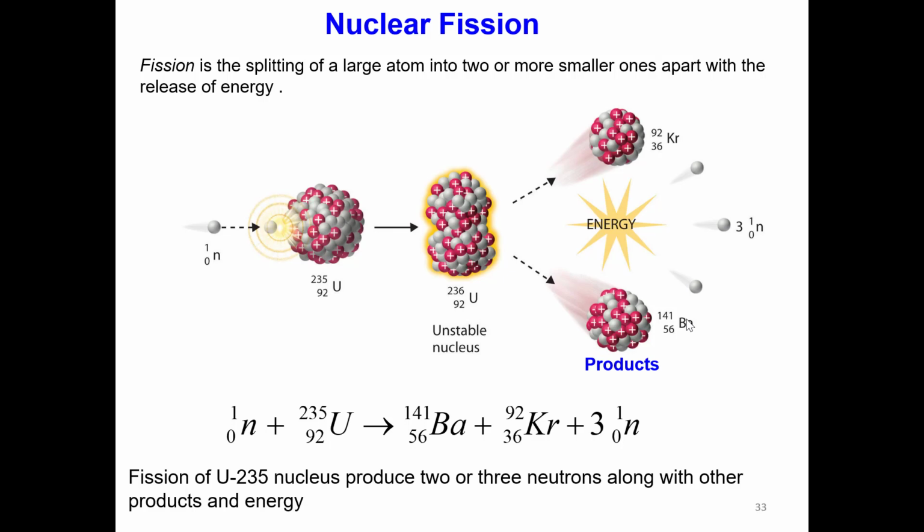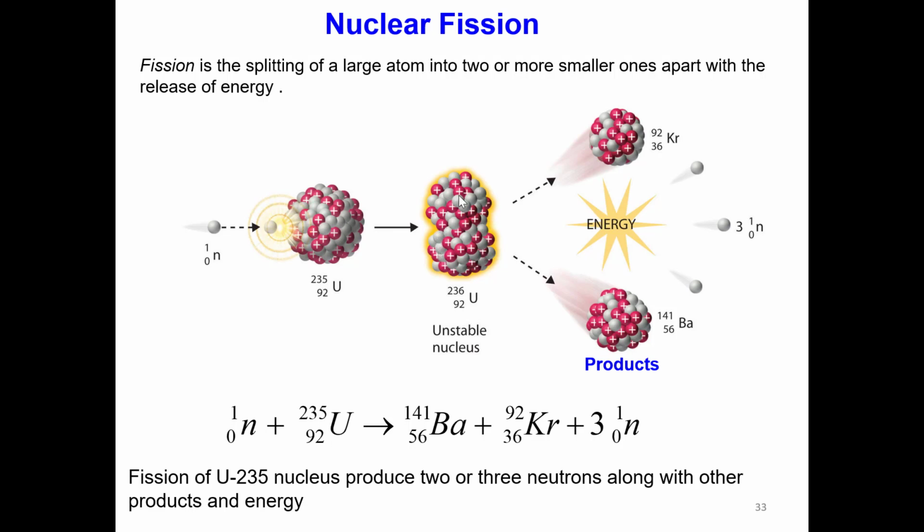Let's now talk a little more about nuclear fission. Sometimes nuclear fission occurs naturally, but in nuclear power plants, one neutron hits the uranium nucleus. In this way, it gets a little more energy and makes the uranium nucleus more unstable.